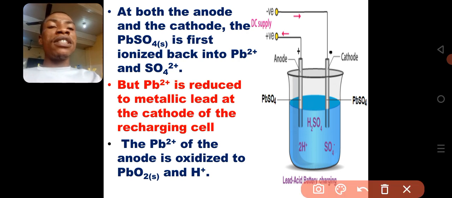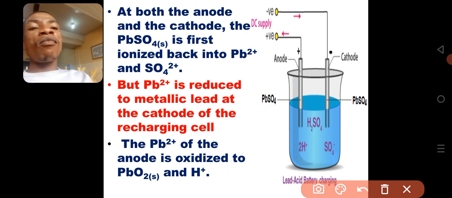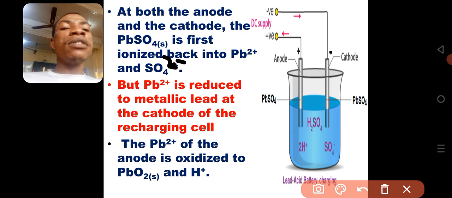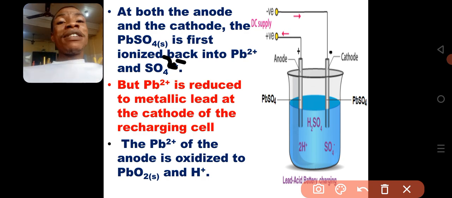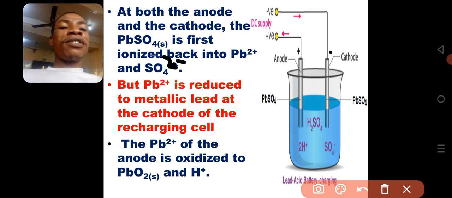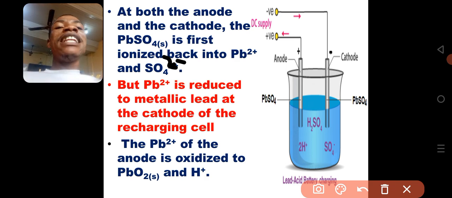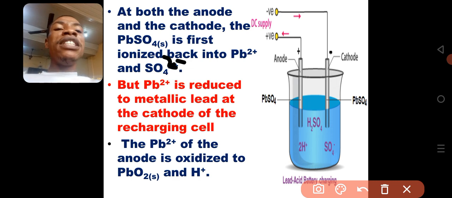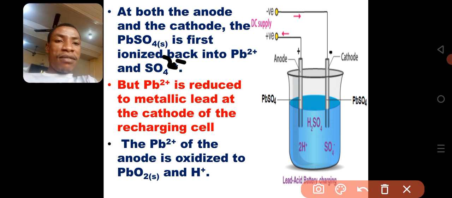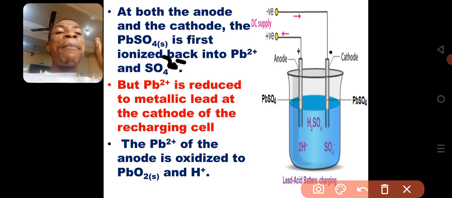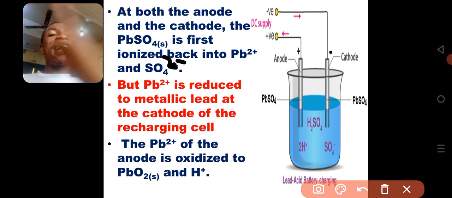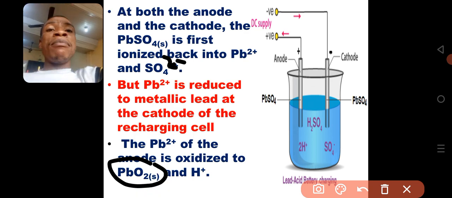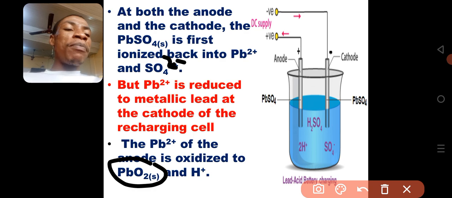The PbSO4 and the sulfate ion will be separated. Then at the cathode side, the Pb2+ will be reduced to metallic lead. Then the Pb2+ at the anode will be oxidized again to lead-4 oxide. That was what we had before the discharging started taking place.